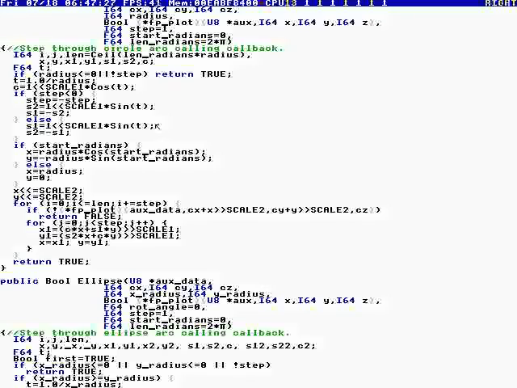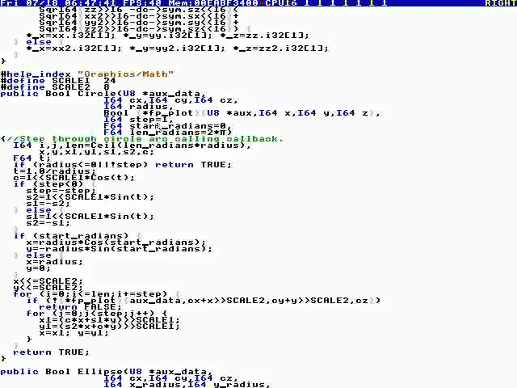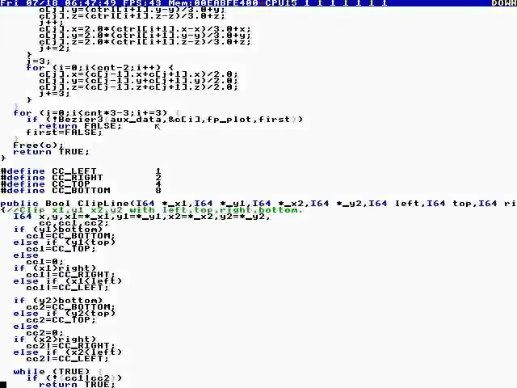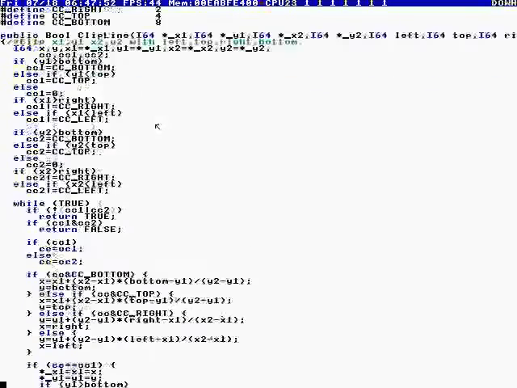So this does a complex multiplication, complex number. So that allows us to use a step to do arcs. That's how I did it. I looked this up in a book. I was familiar. I took a graphics course in school.